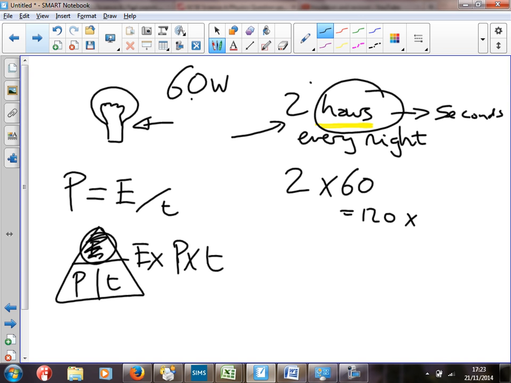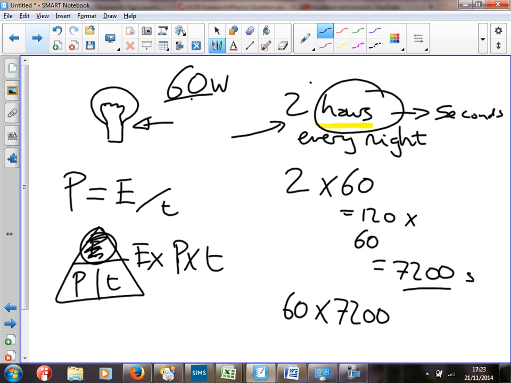Now let's multiply that by 60 to get that in seconds, okay? And that's going to be, off the top of my head, I believe 7,200. So what we've got there is the number of seconds. Now we can do the sum straightforward. We've got the time, we've still got the power, so you do 60 multiplied by 7,200 and you get an enormous number.